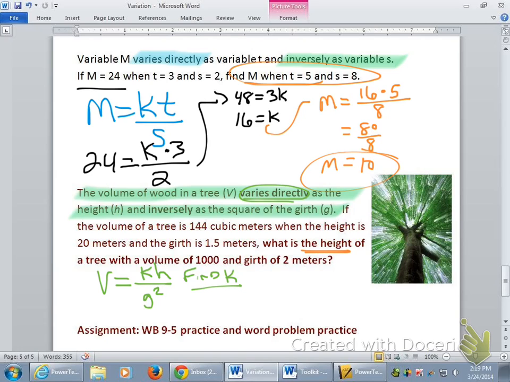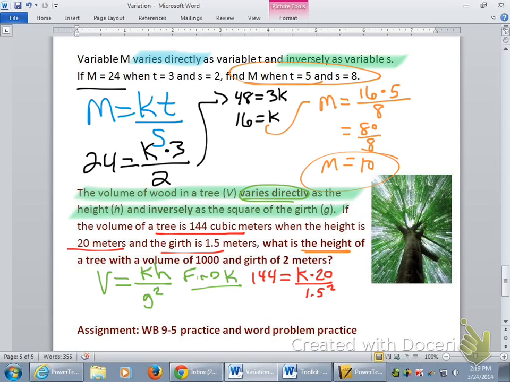So plug in what you do know. It looks like I know that the volume of a tree is 144 when the height is 20 and the girth is 1.5. So we'll plug those in. 144 should equal K times the height of 20 divided by 1.5 squared, right? Yeah, don't forget about the g squared.